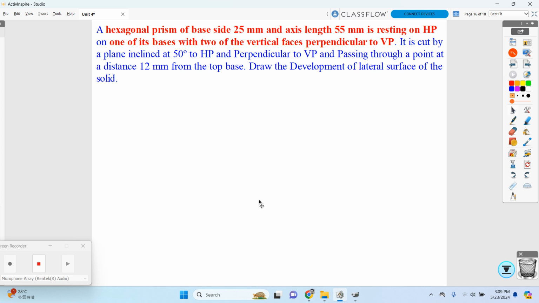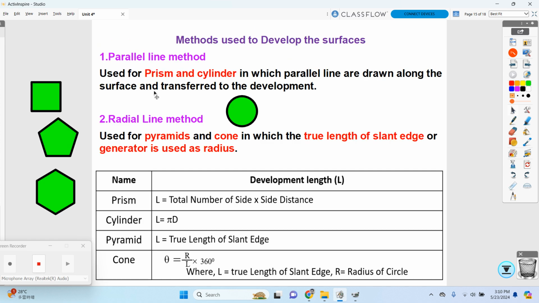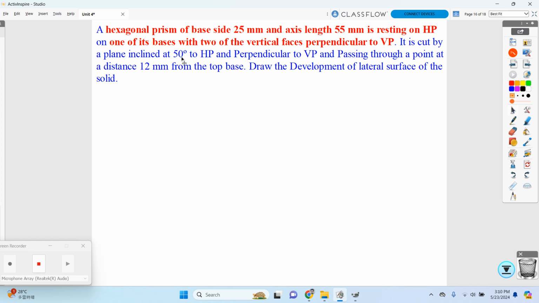Okay, so we are clear that in the question they have provided a prism. In the case of a prism, the only method is the parallel line method, which represents that the bottom and top have the same shape.